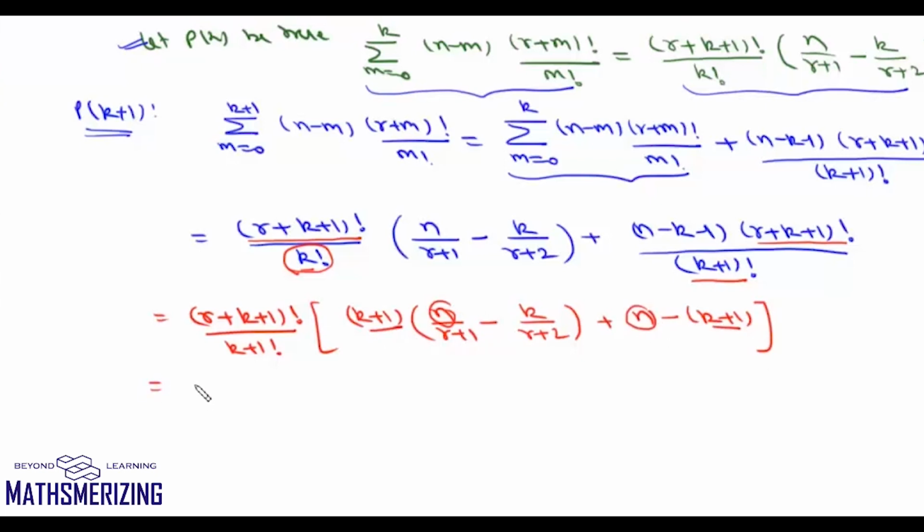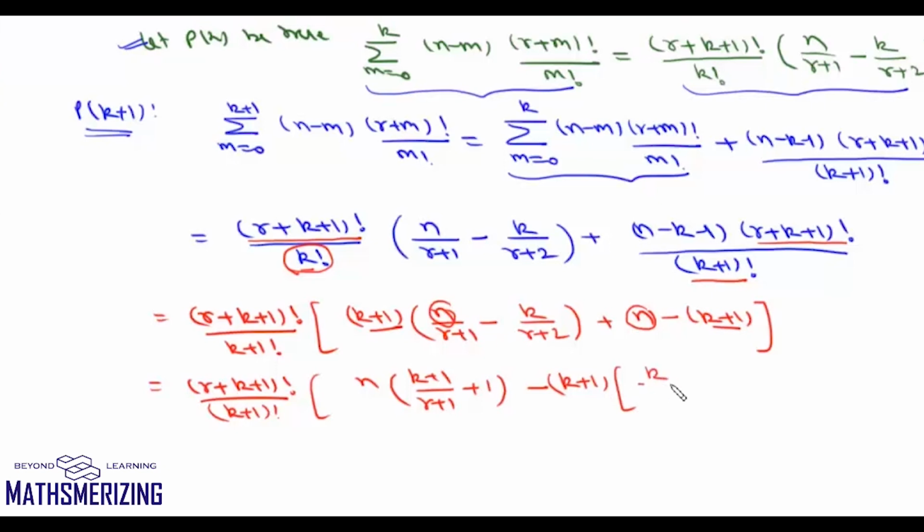So we can write it as r plus k plus 1 factorial upon k plus 1 factorial, and here if I'll take n common, I'll write k plus 1 upon r plus 1 plus 1, and then here I'll write minus, I'll take minus k plus 1 common, and then I'll get k upon r plus 2 and then plus 1.